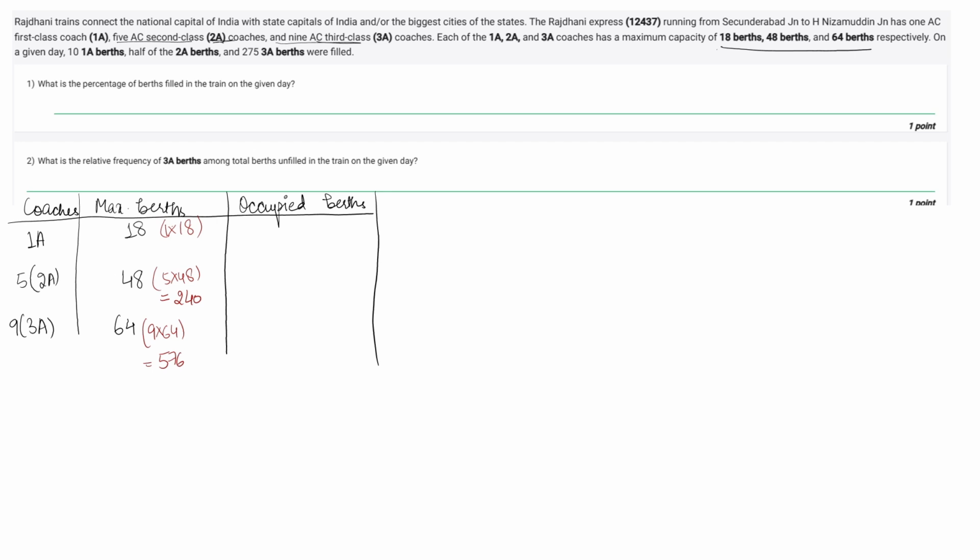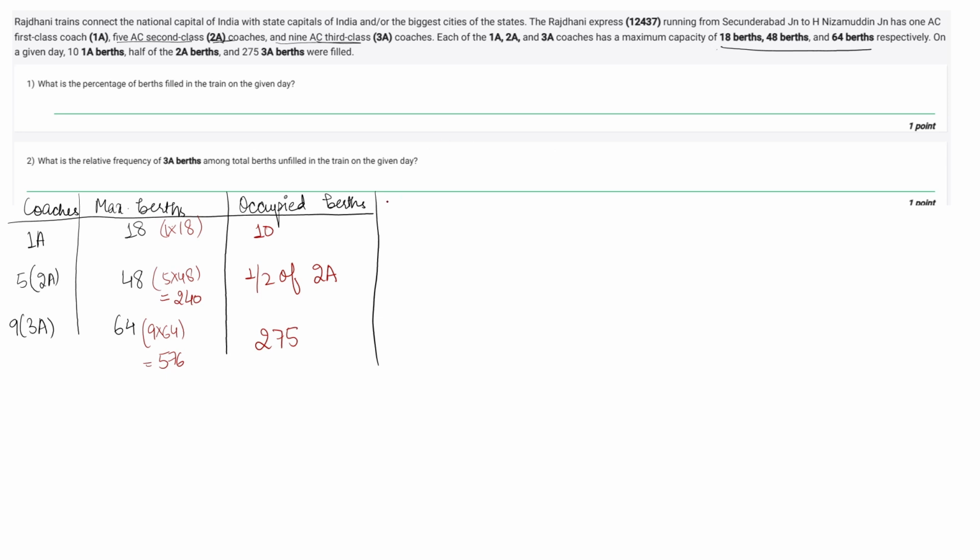All right, now if we see further, on the given day 10 1A berths, half of the 2A berths, and 275 3A berths are occupied. So according to the first question, it says what is the percentage of the berths filled in the train on the given day.